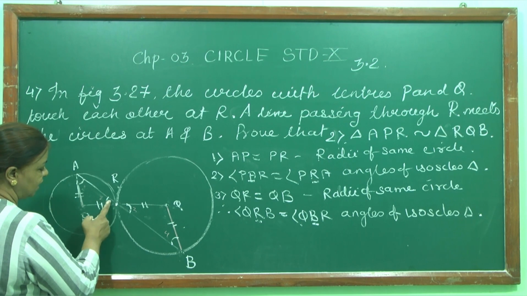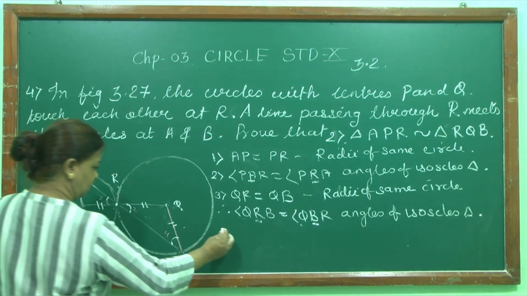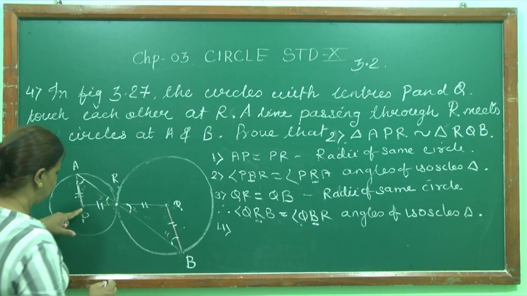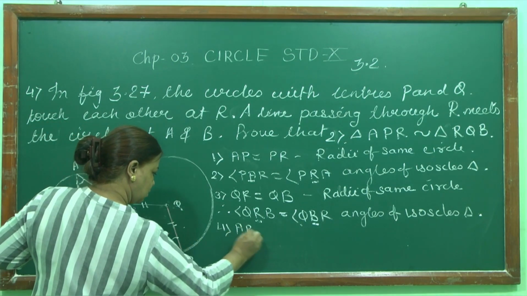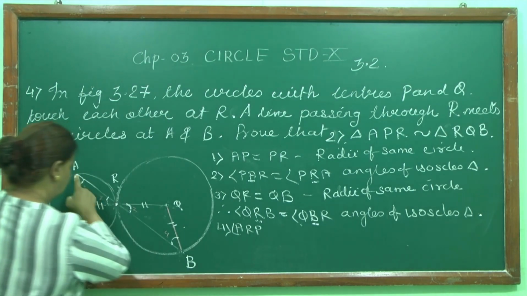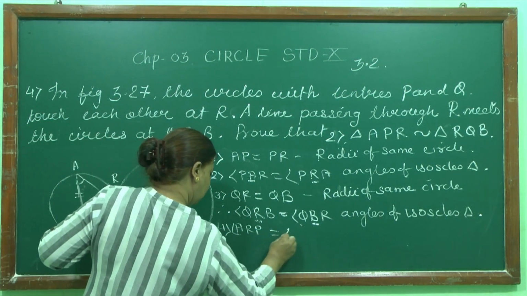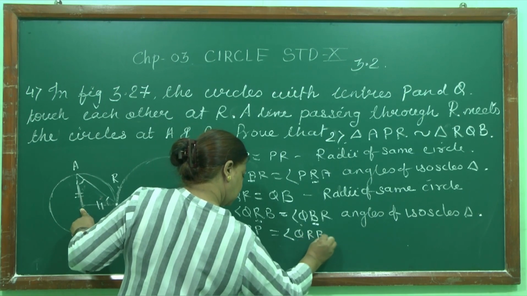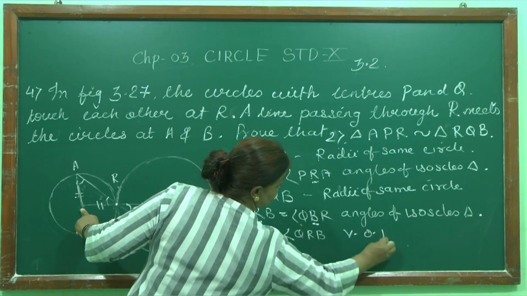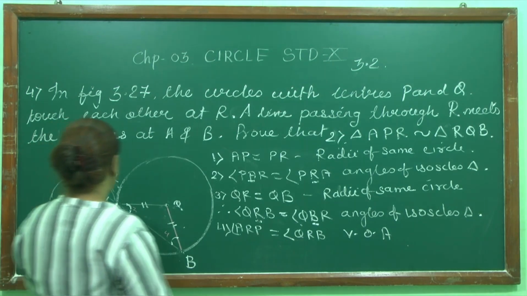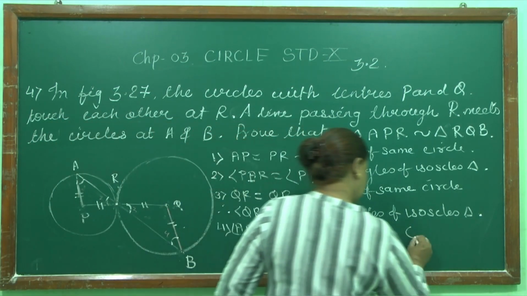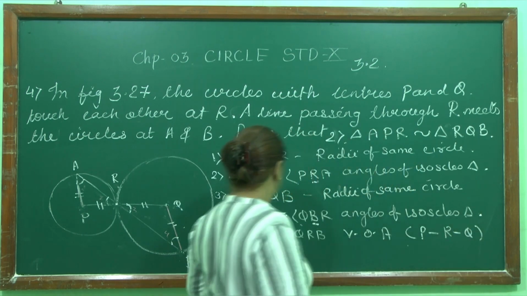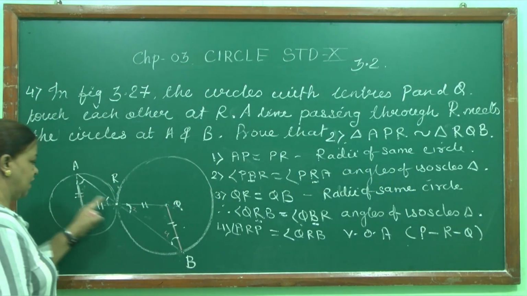Now, these two angles are equal, vertically opposite. Fourth point: angle ARP is equal to angle QRB, vertically opposite angle, and line PRQ is a collinear line, and therefore they are vertically opposite angles.